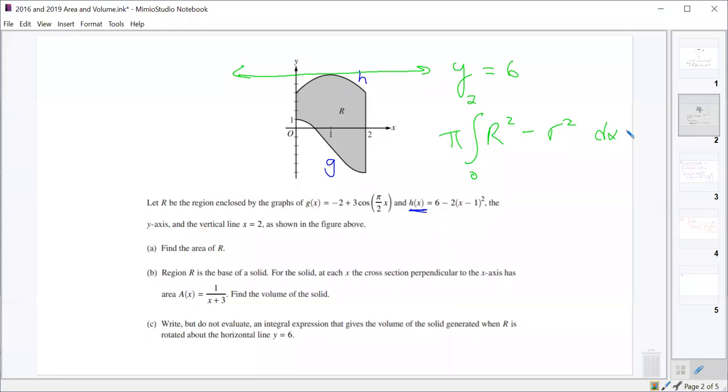And so our outer radius is just the distance from 6 to this function. And our inner radius is the distance from 6 to the smaller function. And so that'd be 6 minus g of x and 6 minus h of x.